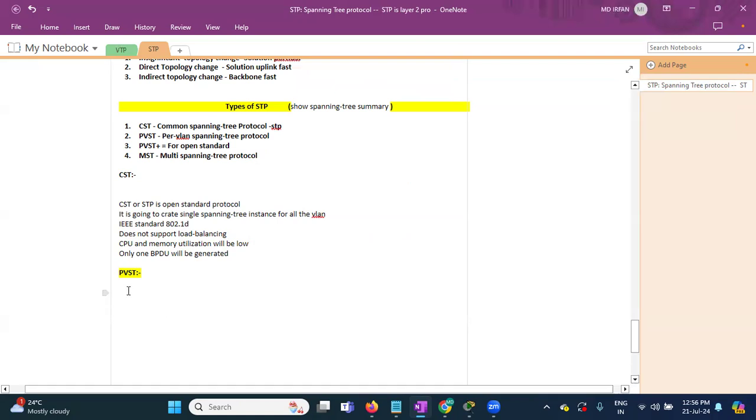So now we will discuss the PVST, per VLAN spanning tree protocol. It stands for per VLAN spanning tree protocol.